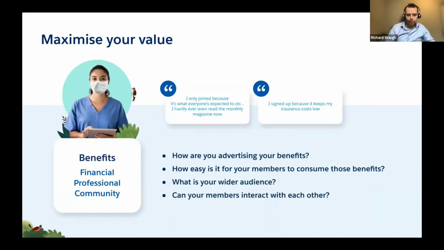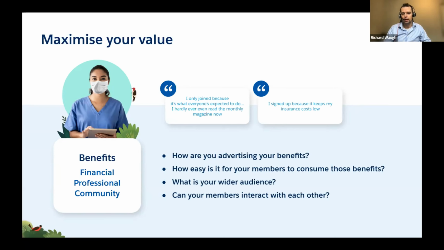So under the category of financial benefits, we've taken the 2 quotes here, I only joined from what I'm expected to do, and I signed up for a particular financial benefit. As a membership organization, I think it's really, really key to look at how are you making people aware of what the benefits of your organization are.